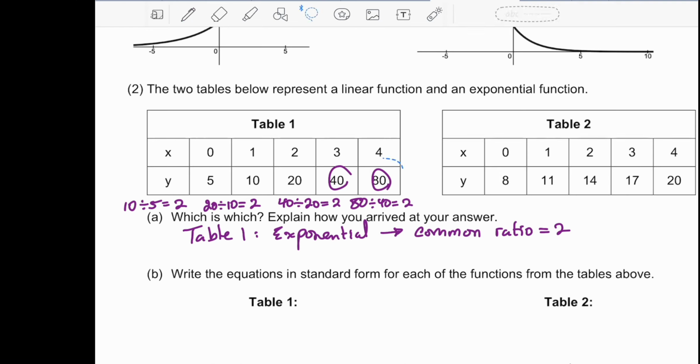Whereas table 2, it still has a relationship, it's just not a common ratio, it's a common difference. If I take the first two values and subtract them, 11 minus 8 gives me a 3. 14 minus 11 also gives me a 3. If I keep going down the line, the difference between consecutive values is always going to be equal to 3.